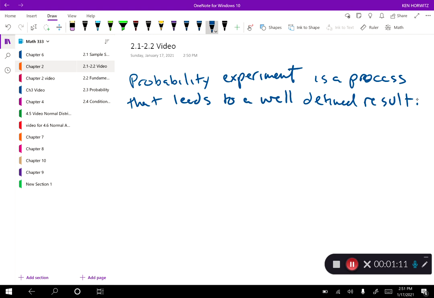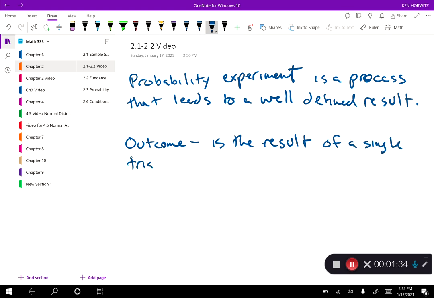That well-defined result is called an outcome. So the next term is outcome, and we'll say it is the result of a single trial of a probability experiment.